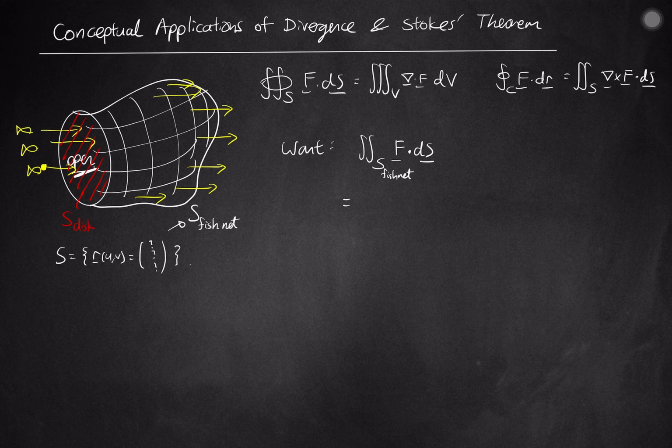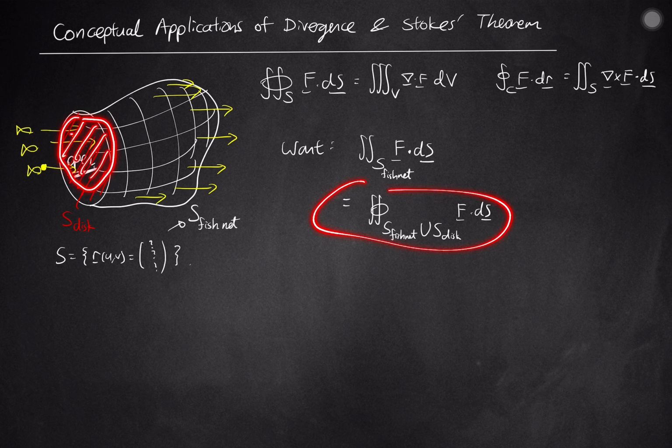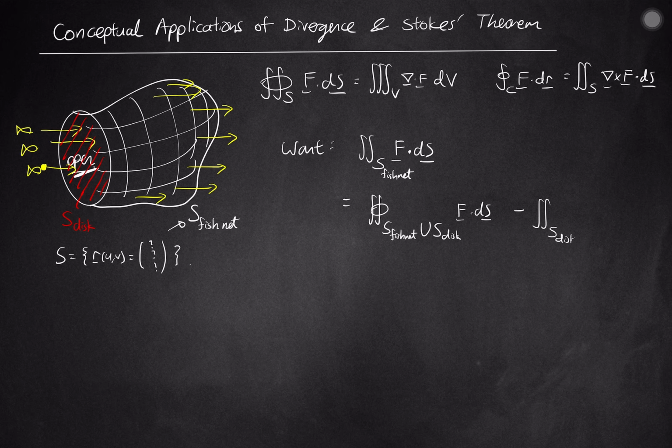Then the total integral is over S fishnet union with the disk. Is this equal to the fishnet flux? Well, no, I'm calculating extra flux going through the disk that I don't want. So let's subtract away the flux of the vector field through the disk.